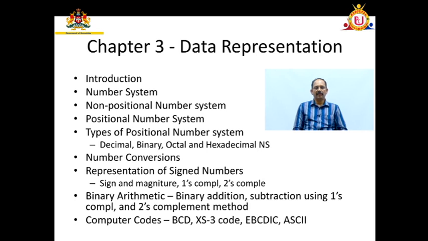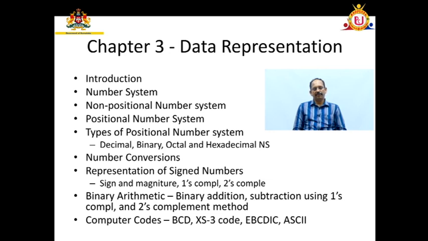Okay. Then we discussed different kinds of number conversion: decimal number to binary number, decimal number to octal number, decimal number to hexadecimal number and vice versa. We also discussed the shortcut methods that can be used to convert any binary number to an octal number and also a hexadecimal number.